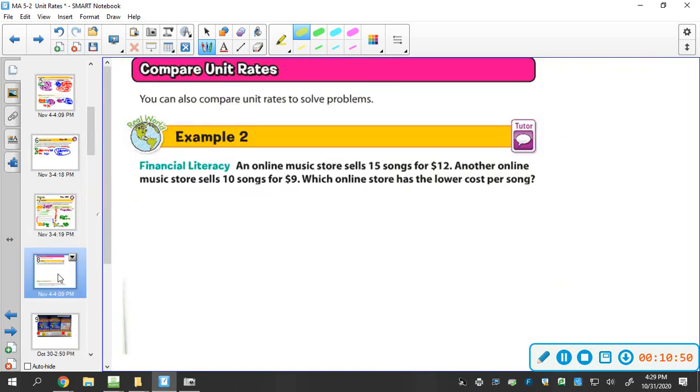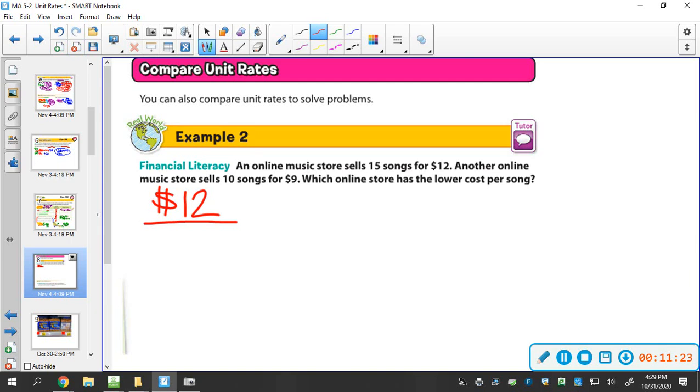Then we have comparing unit rates. So you can compare unit rates once you solve them to see which one, a lot of times we use this in the store, which one's a better price. So example 2 says online music stores sell 15 songs for $12. Another online music store sells 10 songs for $9. Which online store has a lower cost per song? So we have, your price is almost always on the top.